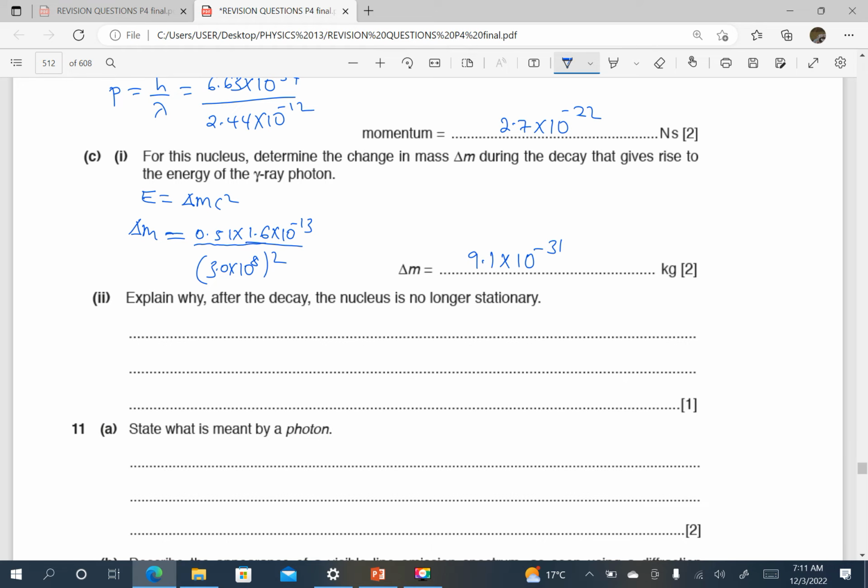So the nucleus must have momentum in the opposite direction to the momentum of the photon.